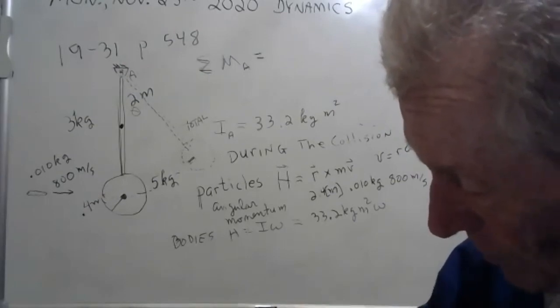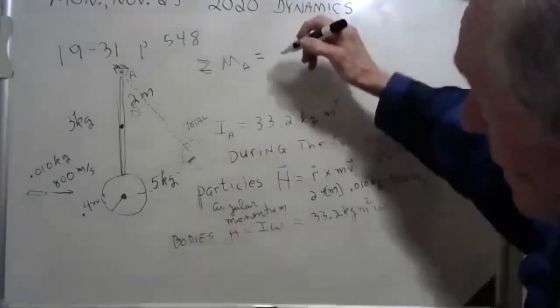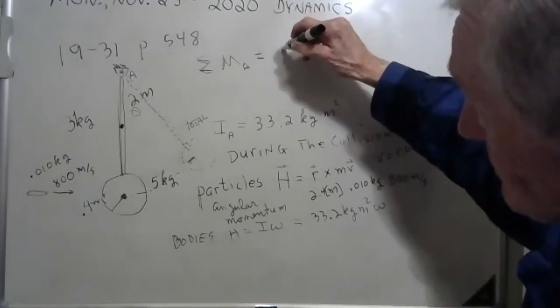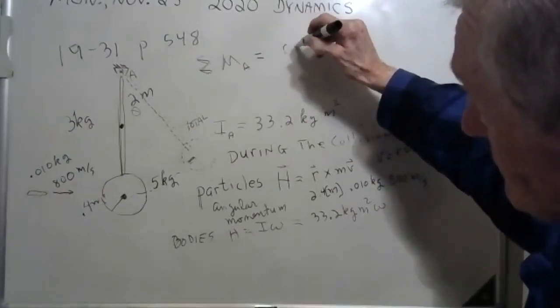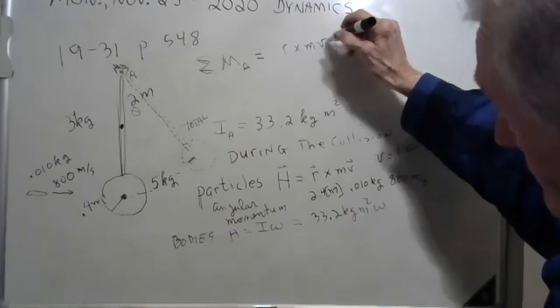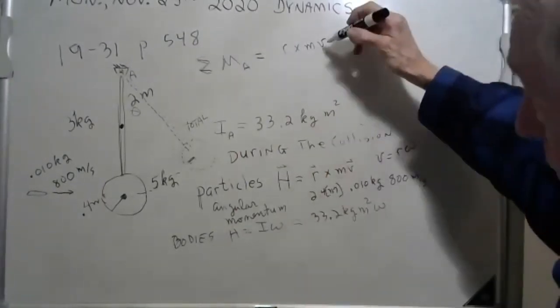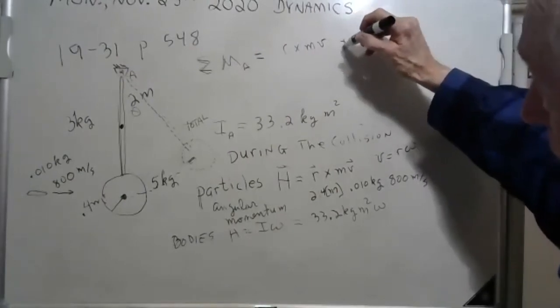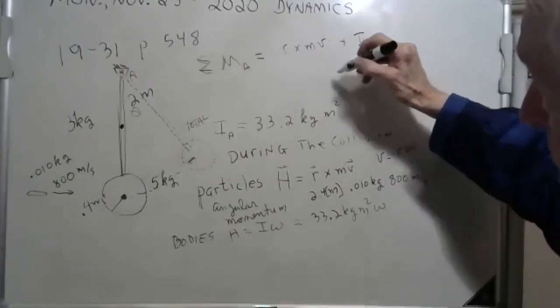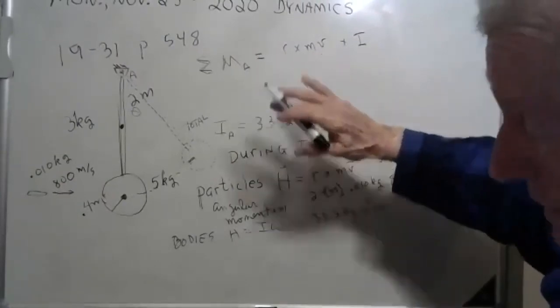We need the angular momentum of the bullet final, and the angular momentum that's at the end of the collision.